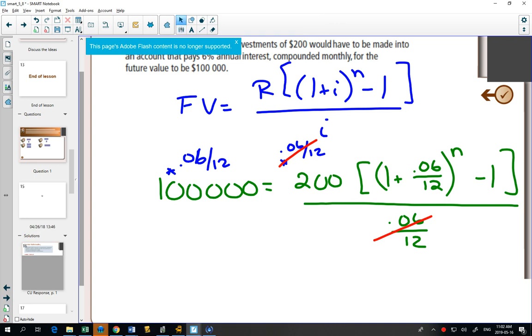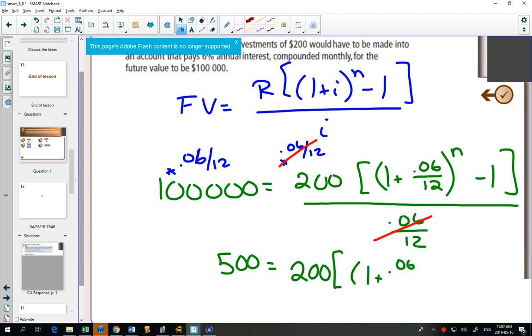If I do that on my calculator, 100,000 times 0.06 divided by 12, I get 500 on this side. We have to be careful that we include all of the brackets every single time that we write it, so we don't mix things up as far as order of operations go.